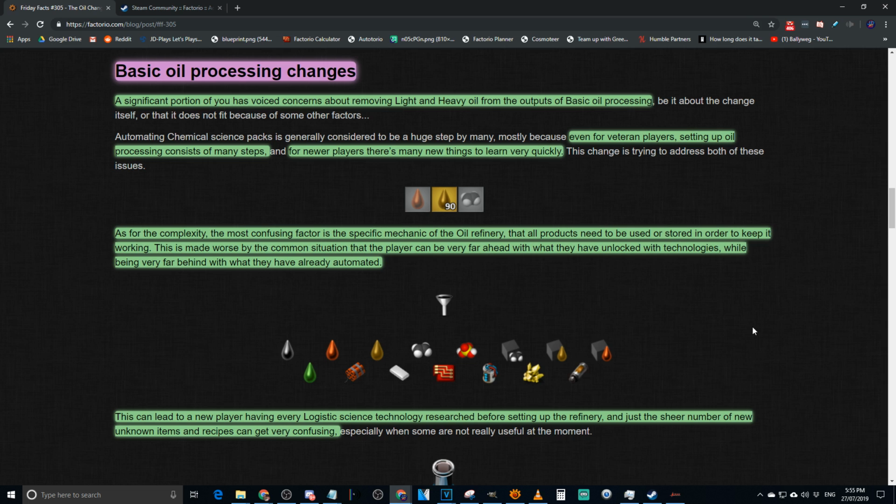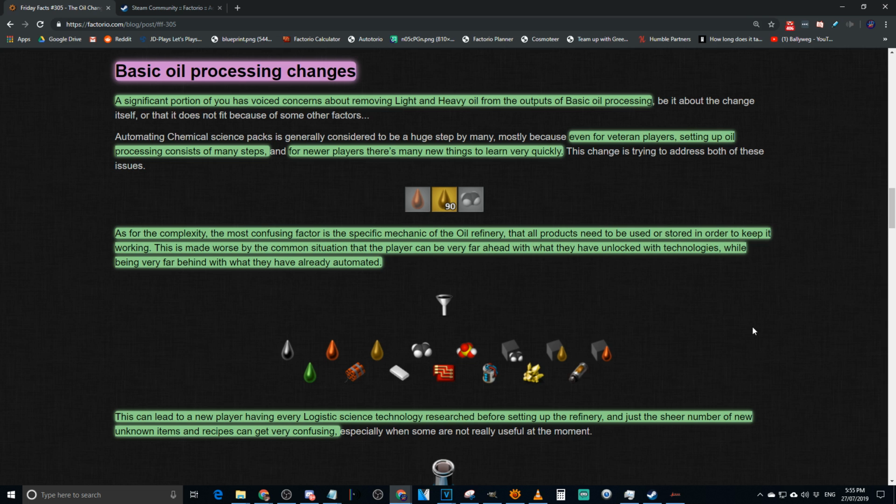Well, the other thing Wube mentions here is that you get that red-green, and whilst you're setting up blue, you just run through red-green research, and you'd literally unlock everything. You wouldn't have it automated, you just have it unlocked.